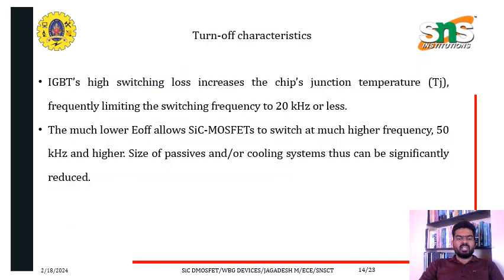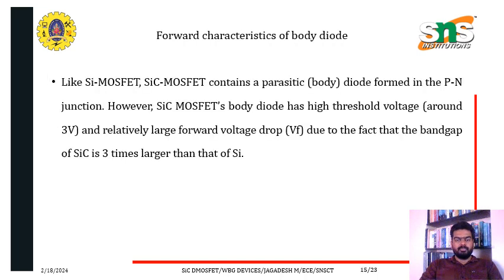IGBT's high switching loss increases the chip's junction temperature, frequently limiting the switching frequency to 20 kHz or less. The much lower Eoff allows SiC MOSFET to switch at much higher frequencies, 50 kHz and higher. The size of passives and cooling system can be significantly reduced.